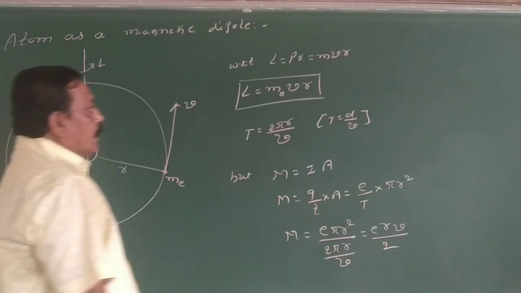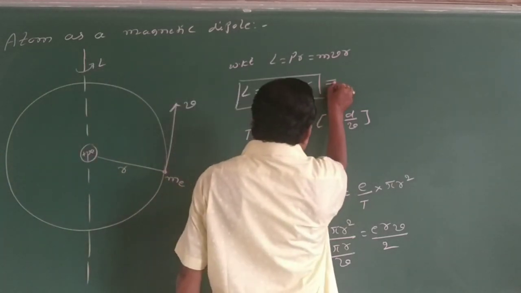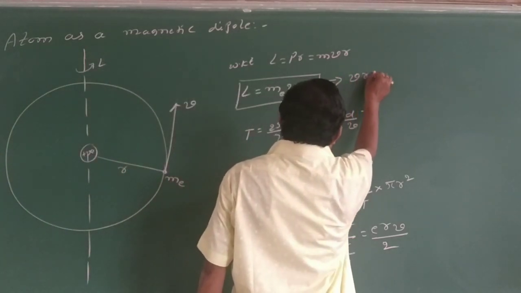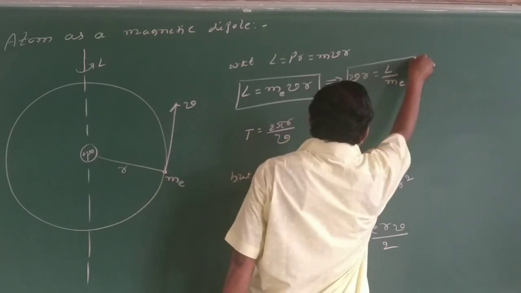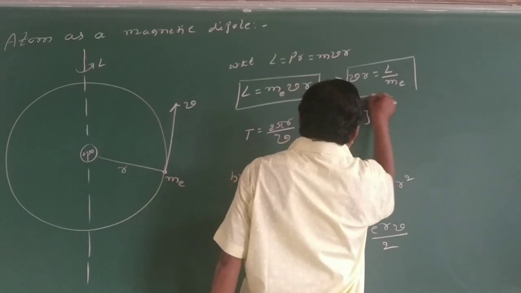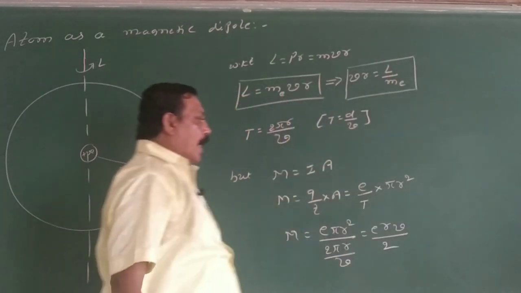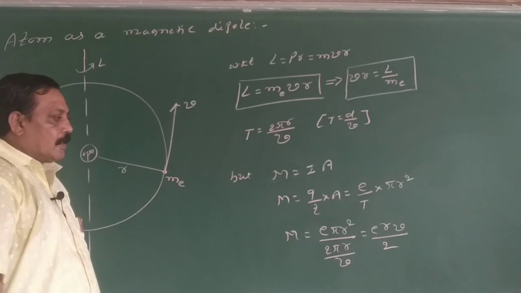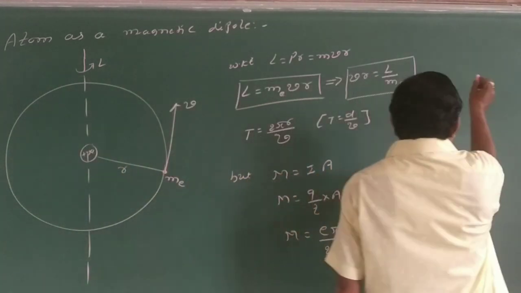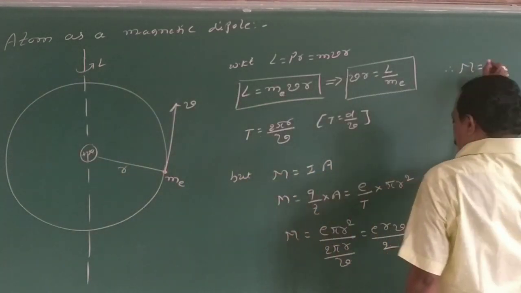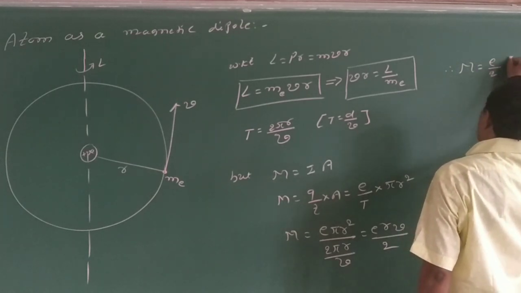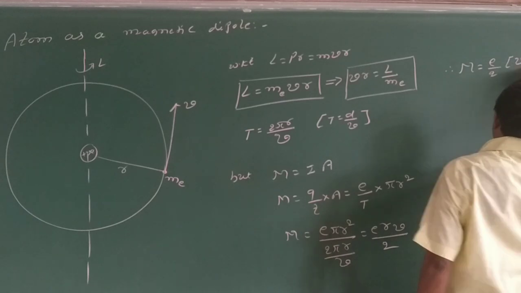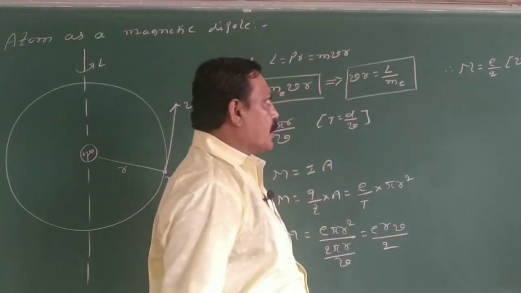But here, v r equals L by the mass of the electron, because during the circular motion it possesses angular momentum L. Therefore, magnetic dipole moment M equals e by 2 into v r, which equals L by m e. Write it separately, for easy understanding.